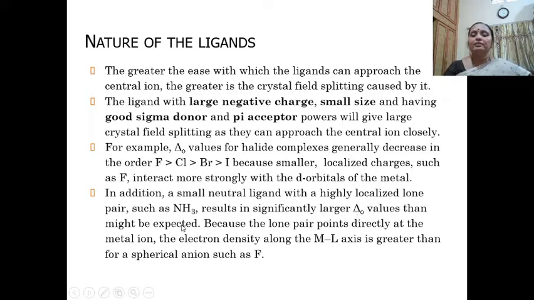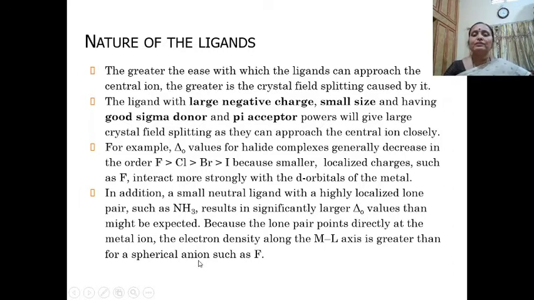The main reason is that the lone pair points directly to the metal ion, so the electron density along the metal ligand axis is greater than for spherical anions such as fluoride.